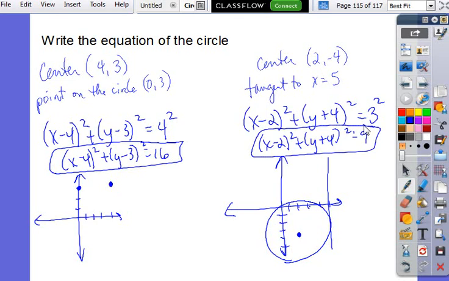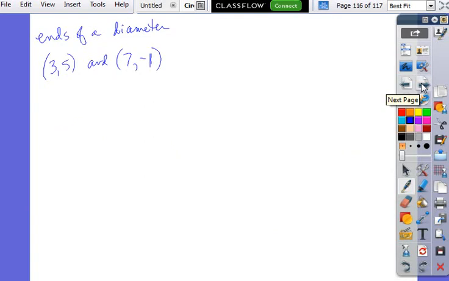All right, now this one doesn't tell me the center at all. Doesn't tell me the radius at all. So if it doesn't tell me center and doesn't tell me radius, I've got to find both of them. Well, it says the ends of a diameter. So it'll be both points. A diameter means it's all the way across and it goes through the center.